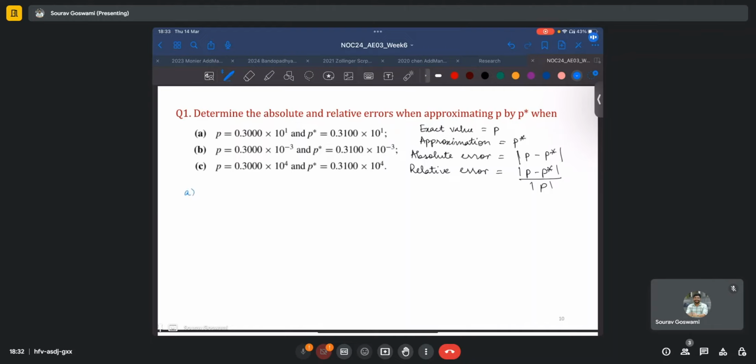So let's start with case A, where p is 0.3000 into 10 power 1 and p star is 0.3100 into 10 power 1.